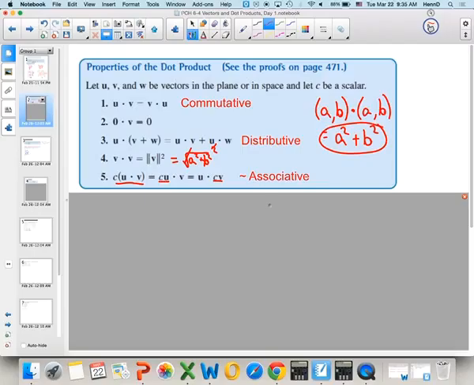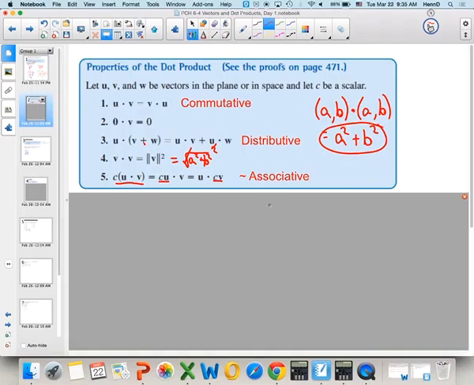So the constant doesn't get distributed? No, because there are different types of multiplication, but it is still all multiplication. Here we had addition inside the parentheses, so we did distribute there.